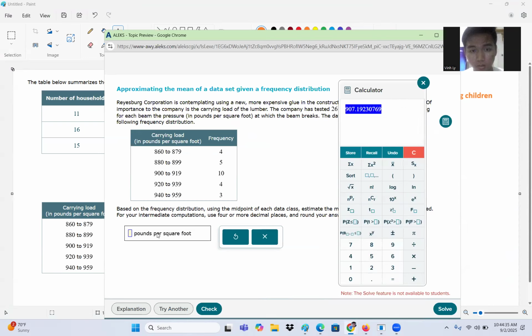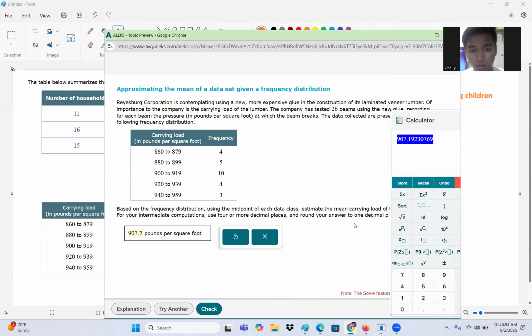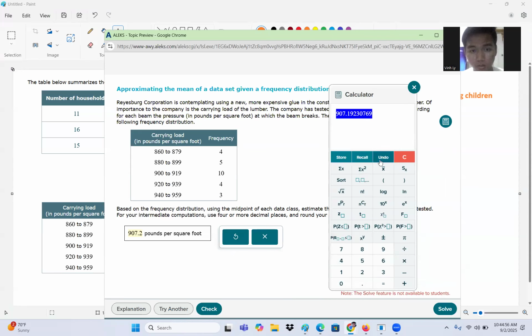So we should get 909.7, and then you just round to 4 decimal places. So that'll be 909.7192 or something like that. Round up to 1 decimal place. Are we good?